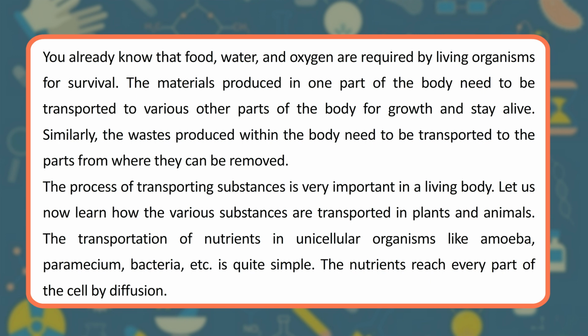Let us now learn how the various substances are transported in plants and animals. The transportation of nutrients in unicellular organisms like amoeba, paramecium, bacteria, etc. is quite simple. The nutrients reach every part of the cell by diffusion.